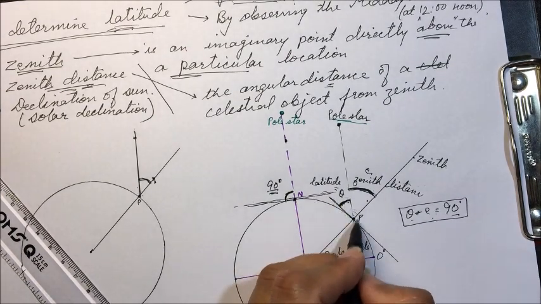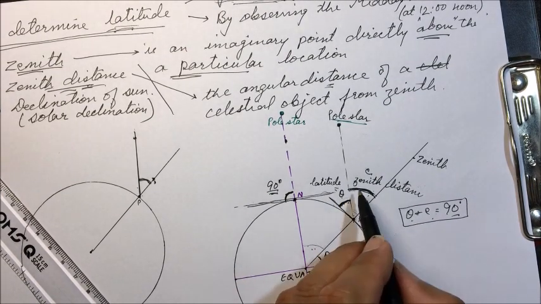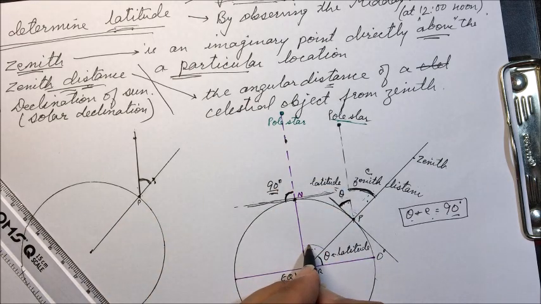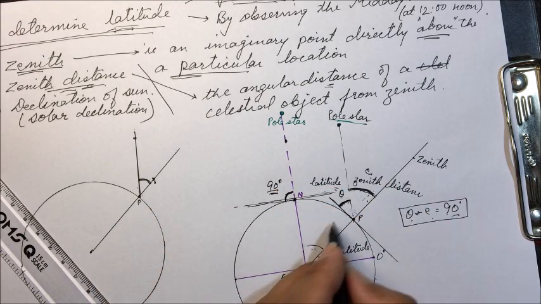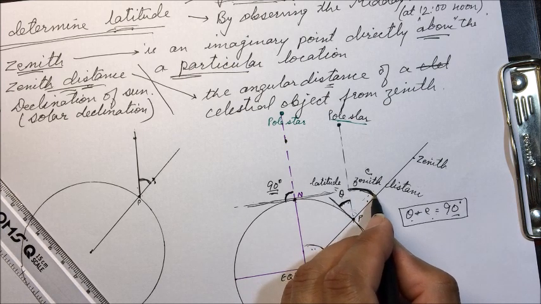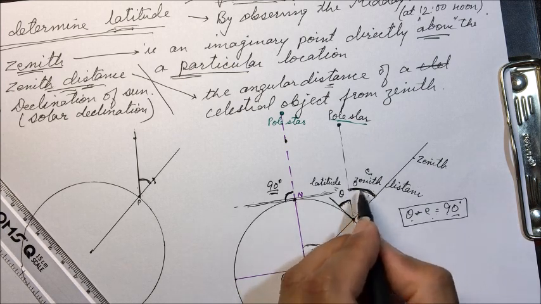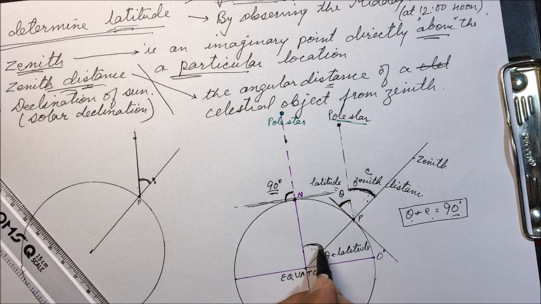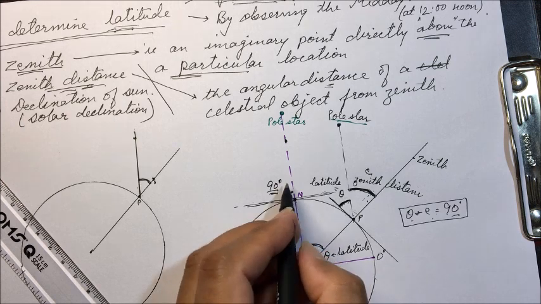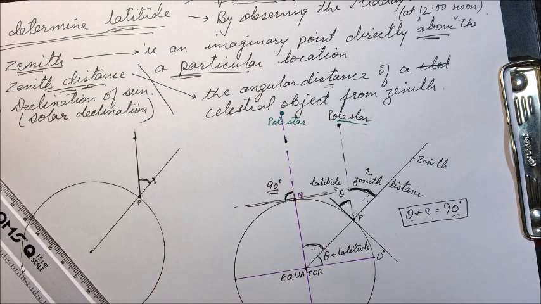So how this came out to be theta? So these two lines are parallel, therefore a line is cutting both the parallel lines. So this and this angle, they will be equal angles since they are the corresponding angles. So these two angles are equal, and as we know, the line from the North Pole to South Pole and the equator, they meet at 90 degree.